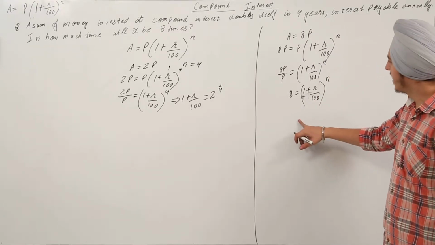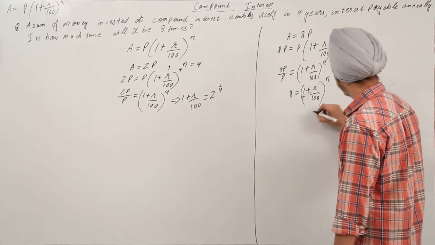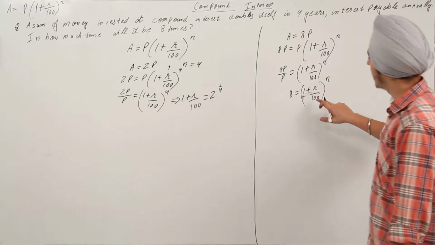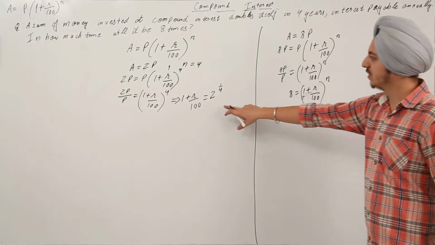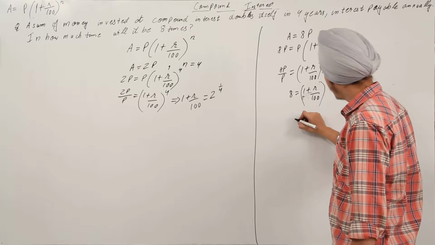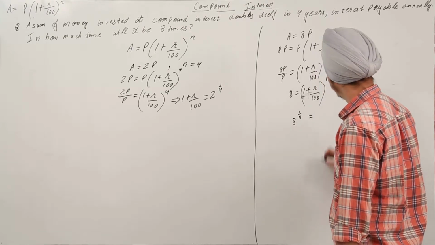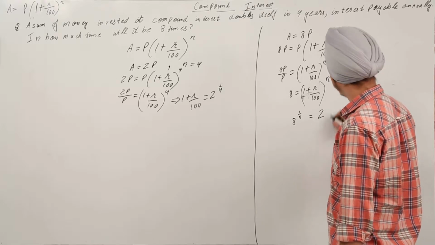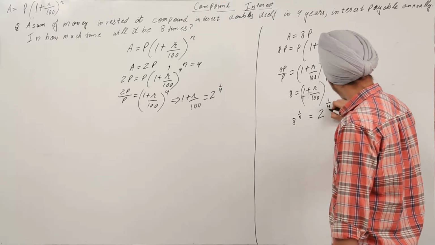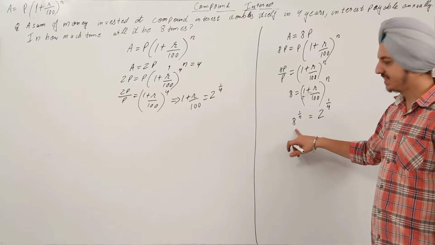Now what do we do here is that we put 1 plus R by 100, whose value we know is equal to 2 raised to power 1 by 4, am I right? So we have 8 is equal to 2 raised to power 1 by 4, all raised to power n. Now we know 2 cube is equal to 8.